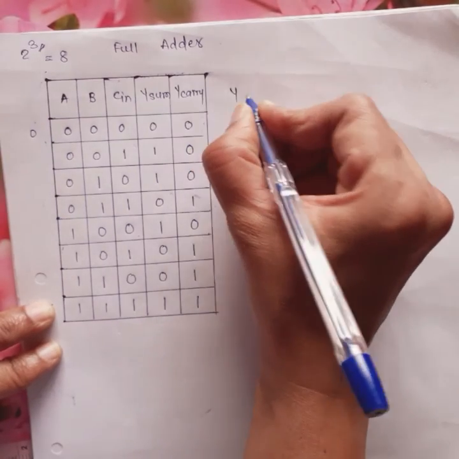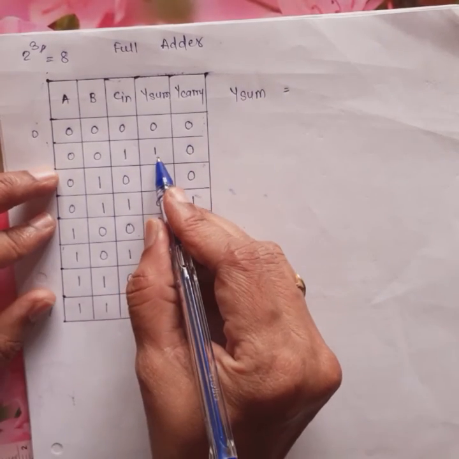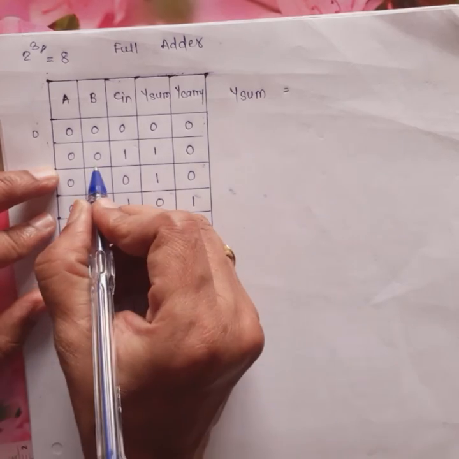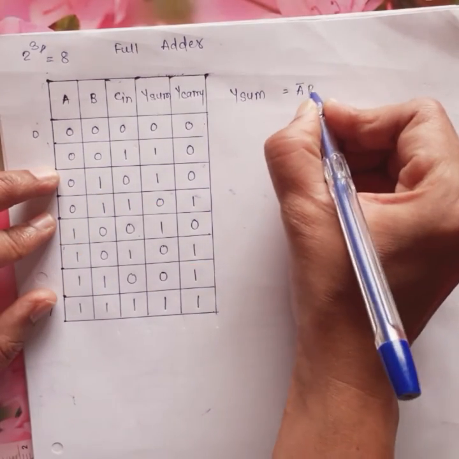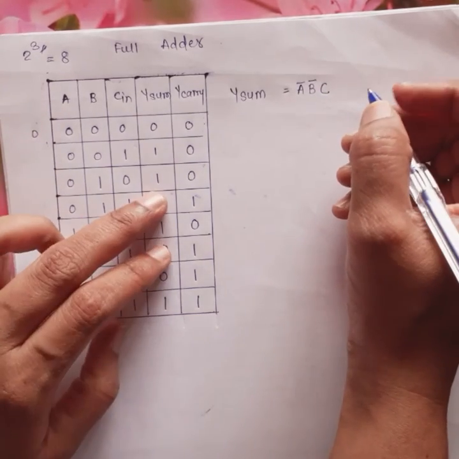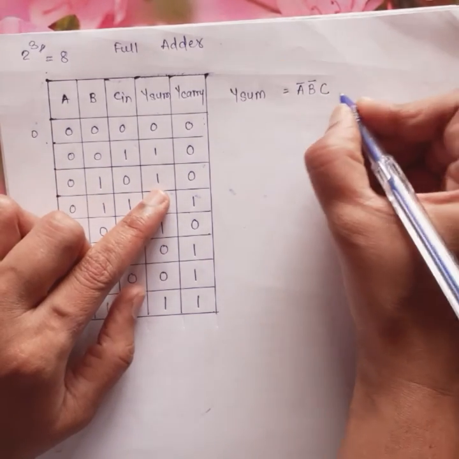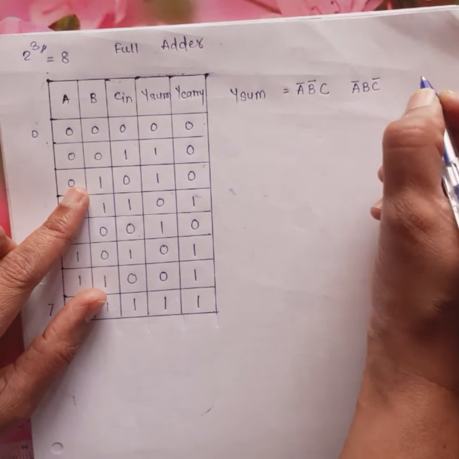Then we'll try to write the expression for sum by considering the minterms which resulted in 1 output. So the first minterm is 0, 0, 1. A, B, these are complemented, C is uncomplemented. The next term which resulted in 1 sum is 0, 1, 0: A bar, B, C bar.